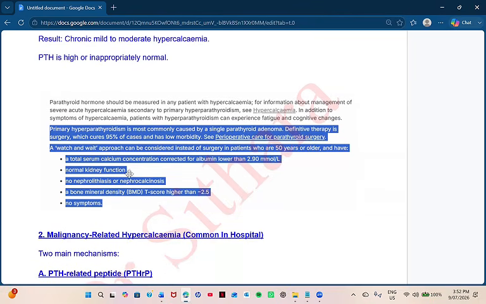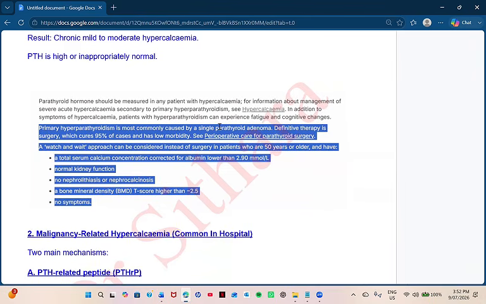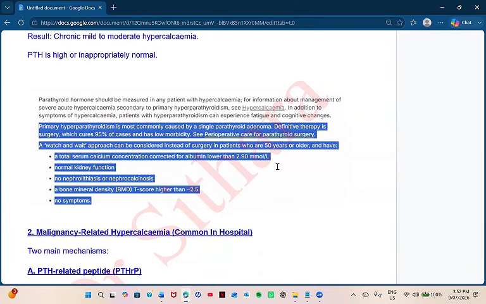Another option is a watch and wait approach, which can be considered instead of surgery in patients who are 50 years or older and have total serum calcium concentration, corrected for albumin, lower than 2.9, normal kidney function, no nephrolithiasis or nephrocalcinosis, bone mineral density higher than minus 2.5, and no symptoms.